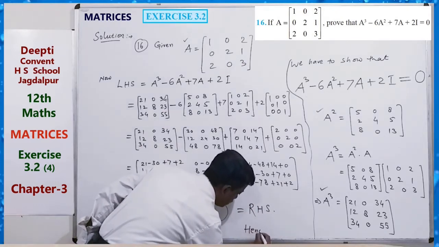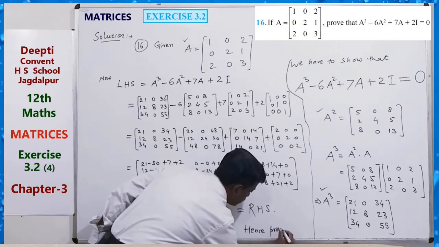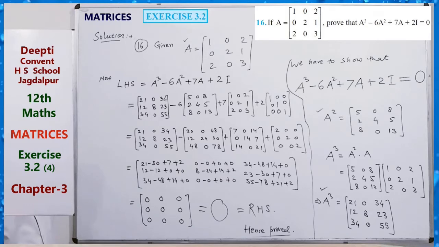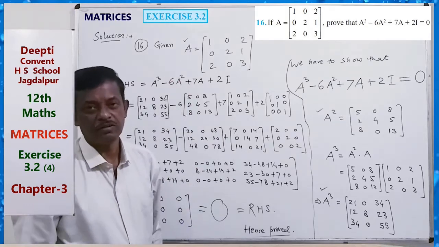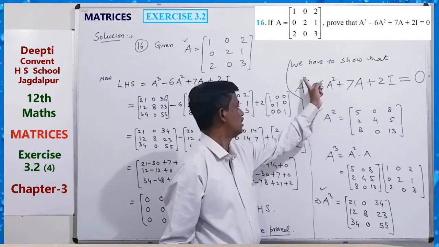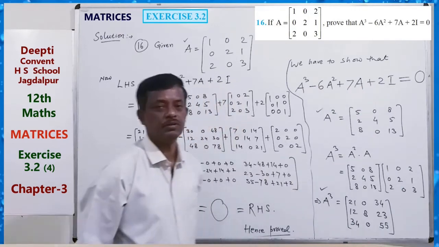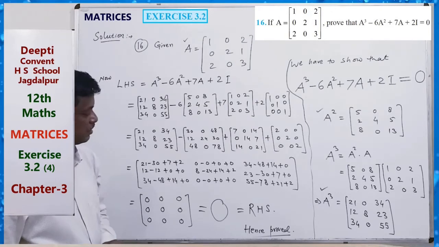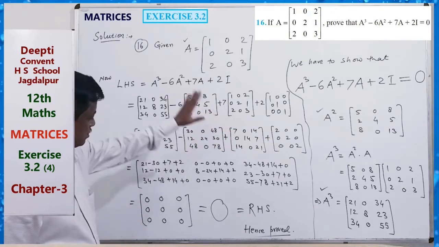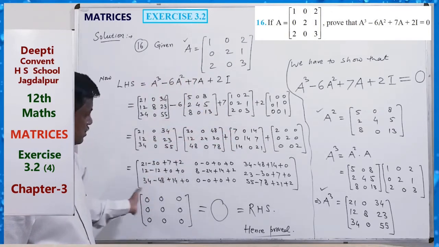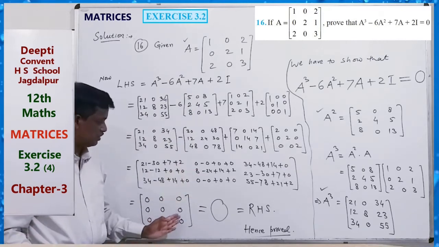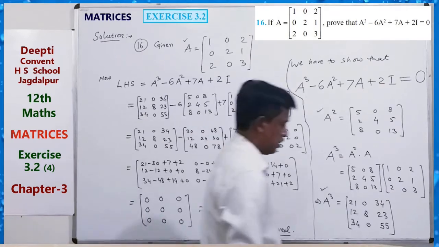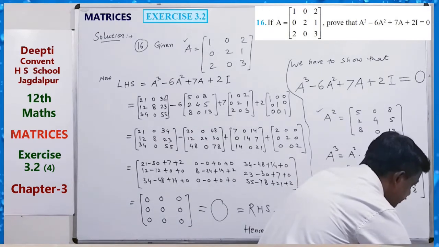Hence proved. Clear? Just calculate all values first, A square, then A cube, and then put all the values in the matrix, then you can subtract. Addition and subtraction, multiply, then addition and subtraction of corresponding elements, and you get the zero matrix, the right hand side. Okay. Now, 17.